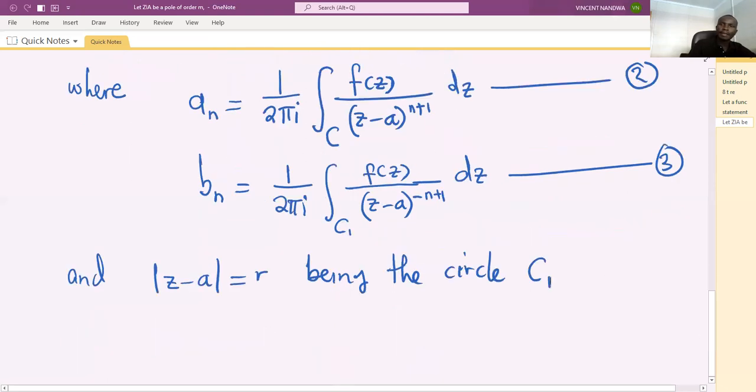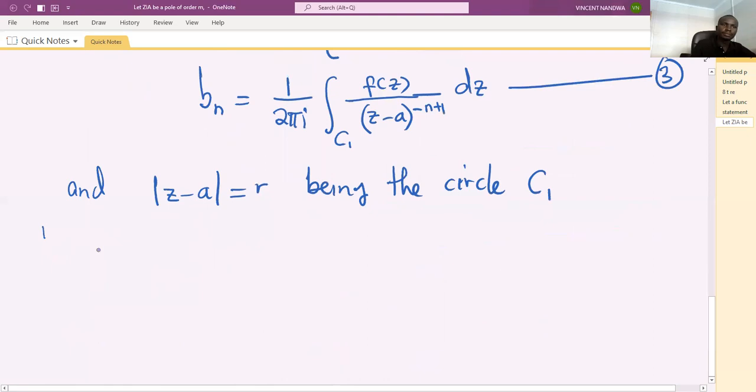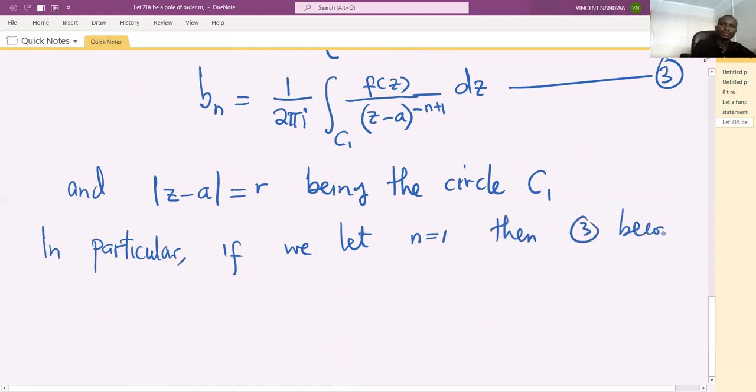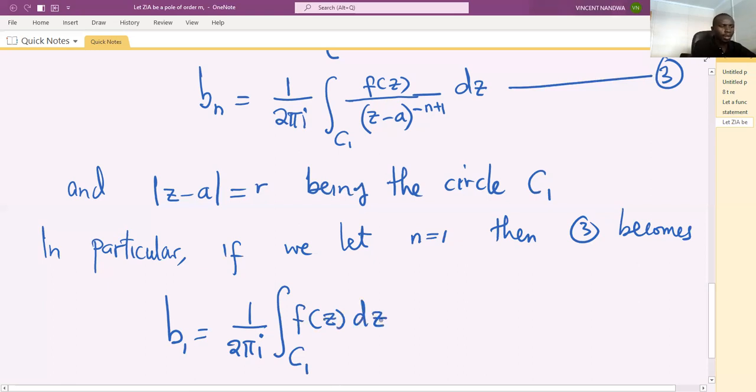Particularly, if we let n be 1, then 3 becomes b1 equals 1 over 2 pi i. Minus 1 plus 1 is 0, and (z minus a) raised to the power 0 is 1. So we just have the integral along C1 of f of z dz. So that's what we have.